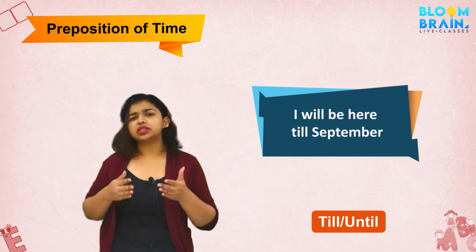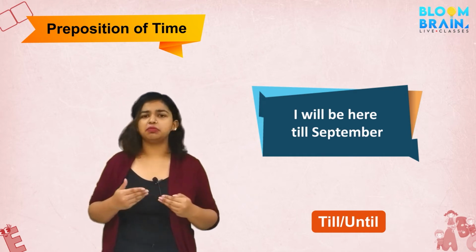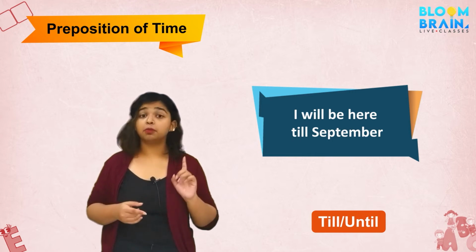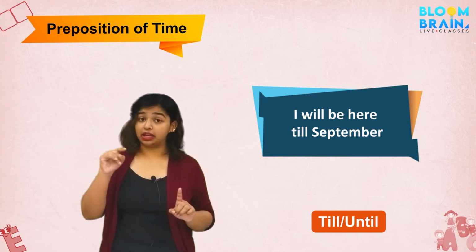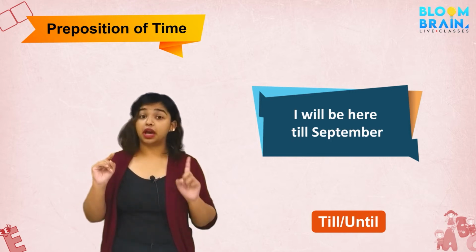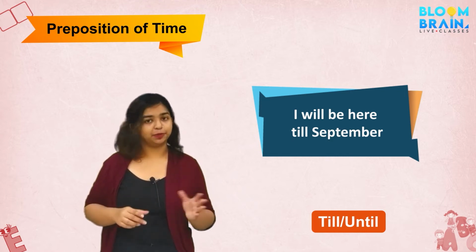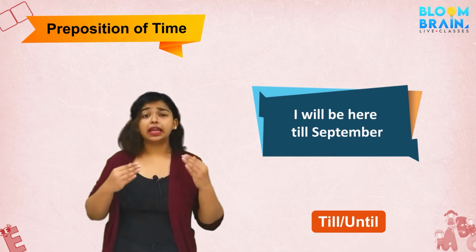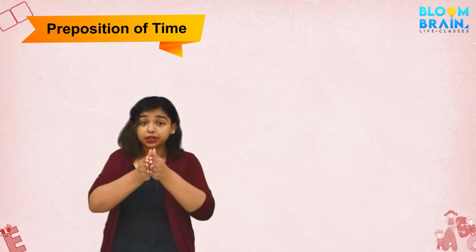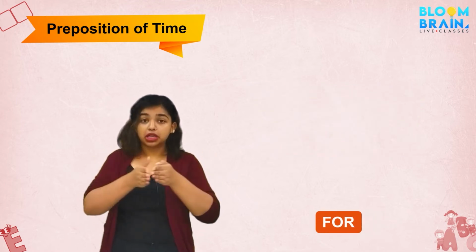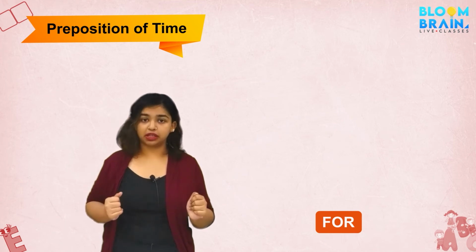You can use both until and till. It does not really make a lot of difference. But till has a double L, T-I-double L, but until has a single L.